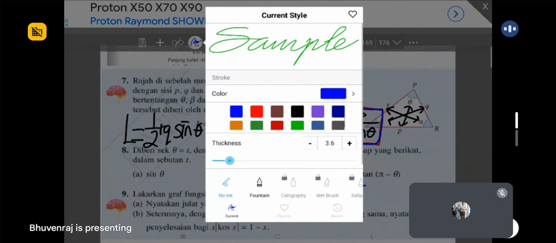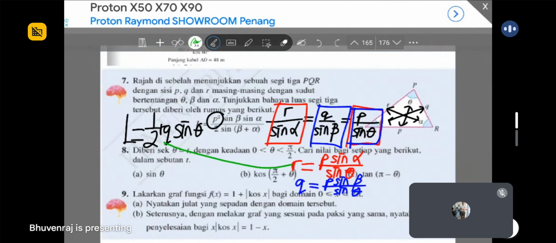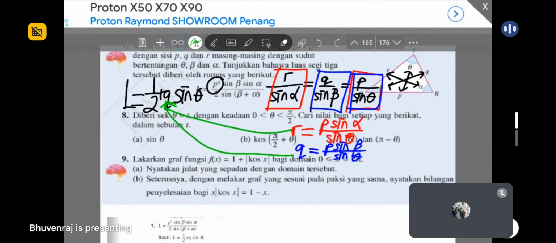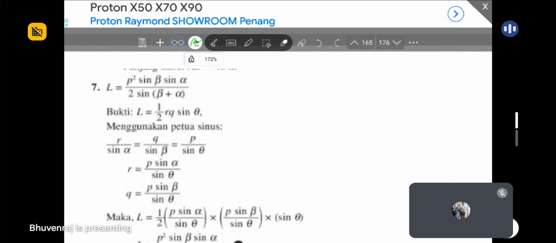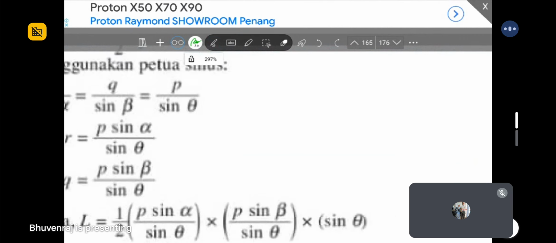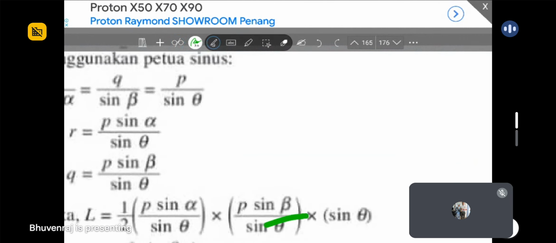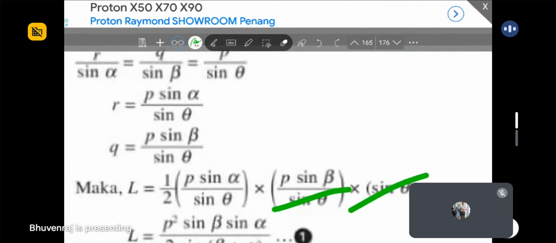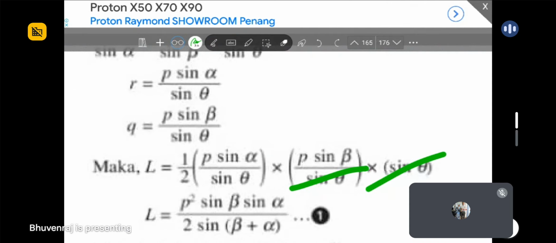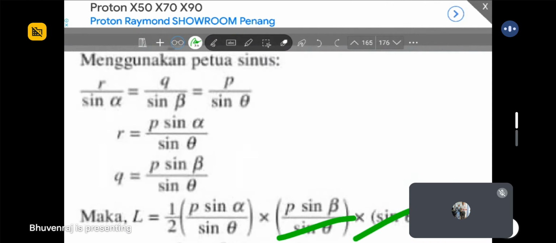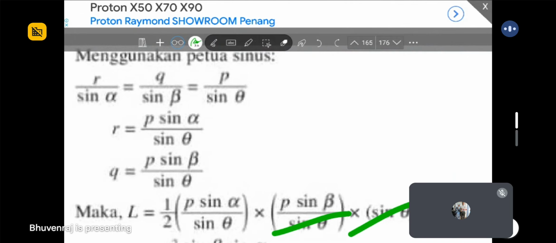So your R and Q, you substitute. Gantikan over here, all the information you have. When you substitute, your answer will look something like this, guys. Akan dapat macam ni. Now you see sine theta, potong, cancel. So you're left with this formula over here right now.